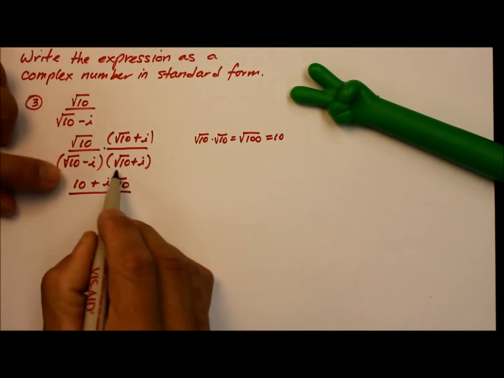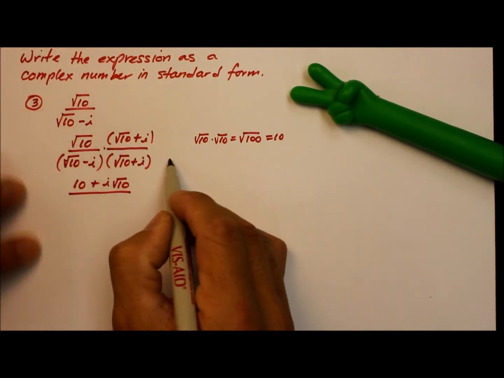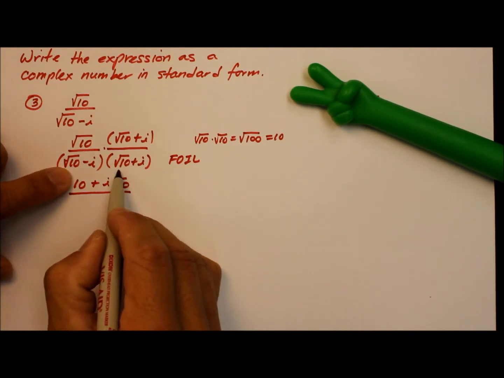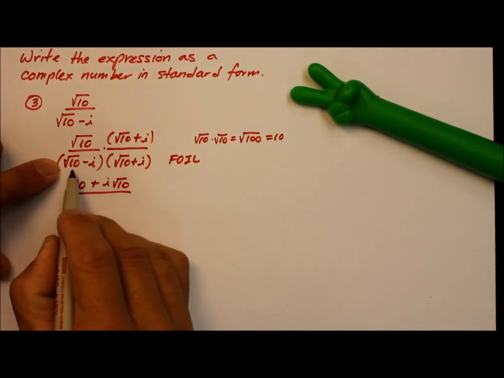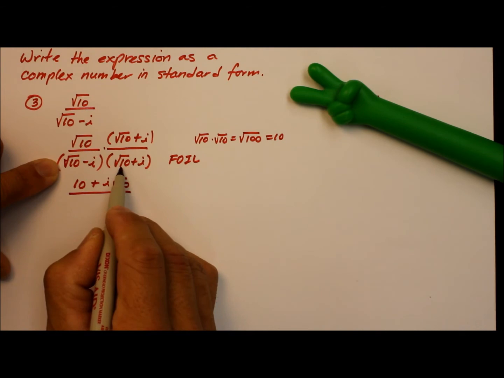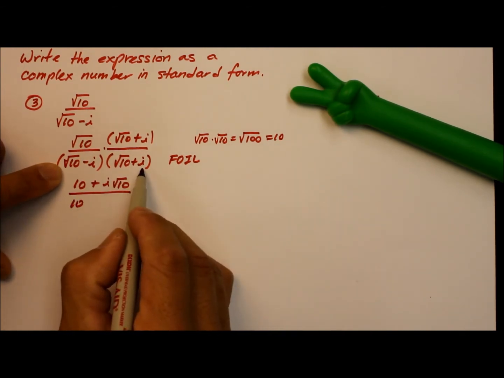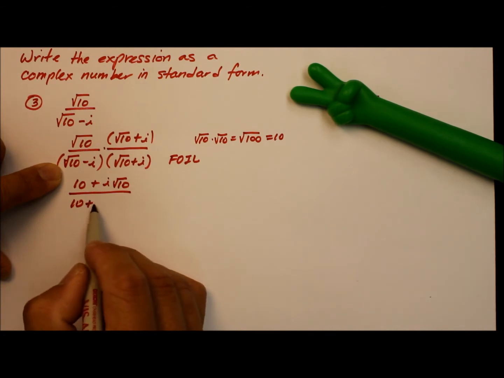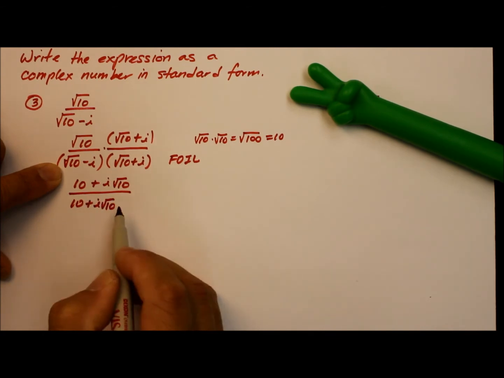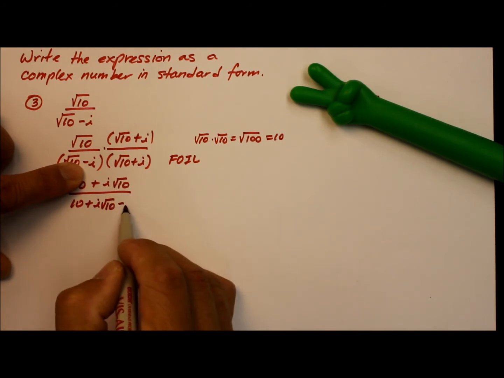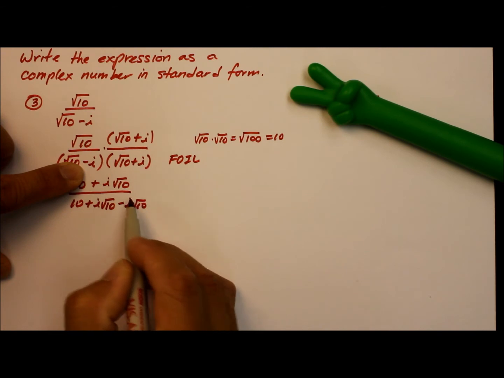Now the bottom, we have two binomials, so we're going to do the FOIL method on this one. So we're going to multiply the first terms of the binomials. So square root of 10 times square root of 10, we already did that. That's a 10. Now square root of 10 times i, that is positive i square root of 10. Its conjugate, which is going to make the middle term cancel, well, this becomes negative i square root of 10.